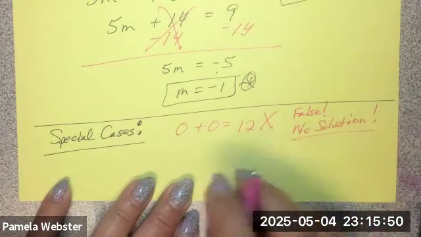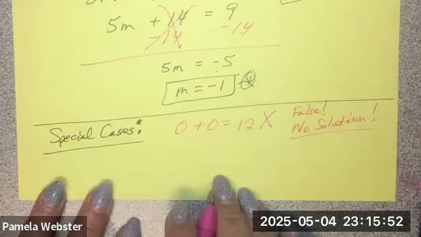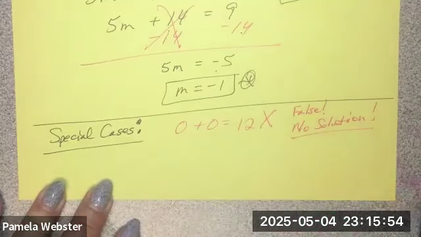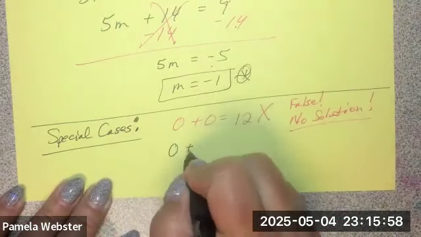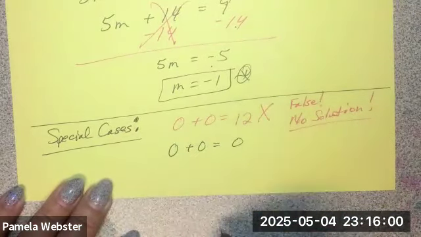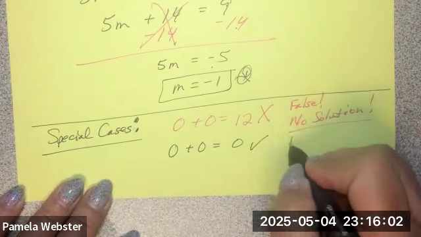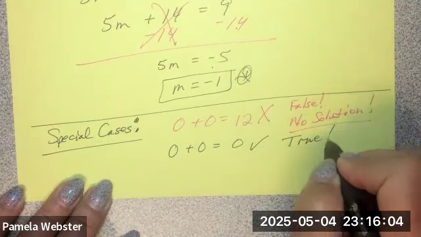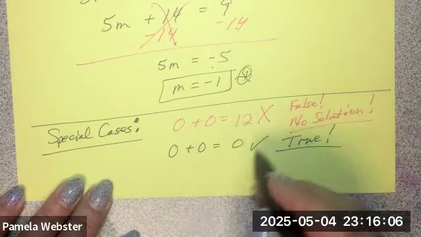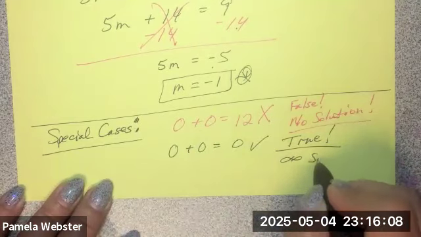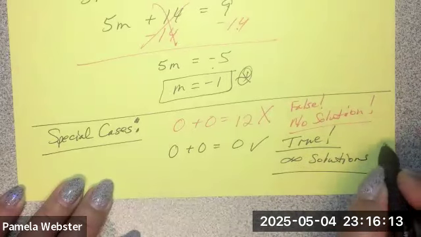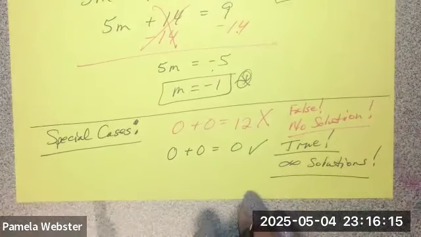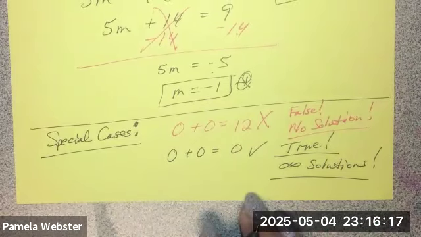It's not enough to just put an X or something like that. You need to interpret this and tell me what it means. But if I ended up with 0 plus 0 equals 0, that's a true statement. And what that tells me is that there are an infinite number of solutions here. It's like the two lines are just on top of each other, right?